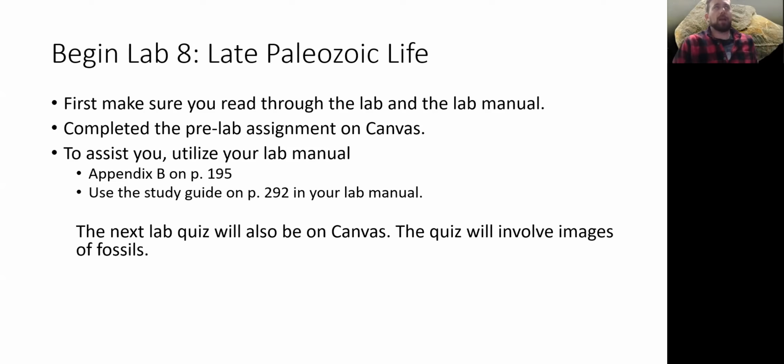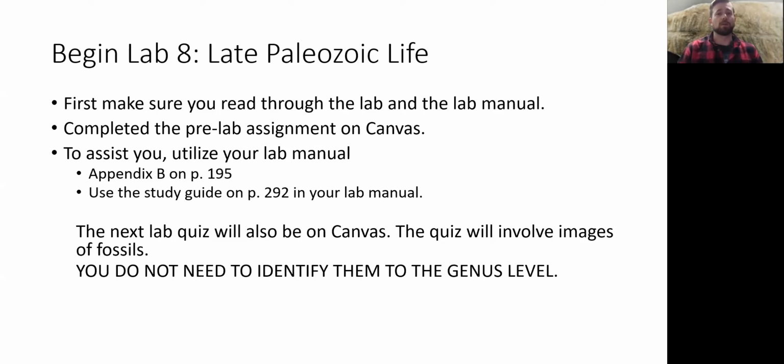So again, I originally planned on doing a quiz for this class where we would pass fossils around. Obviously, we can't do that right now. So it'll involve a lot of images of fossils with some drop downs and answering questions about those. So some things I want you to focus on is the classification and some of the features and life modes that we've talked about and that you have read about for these groups of organisms.